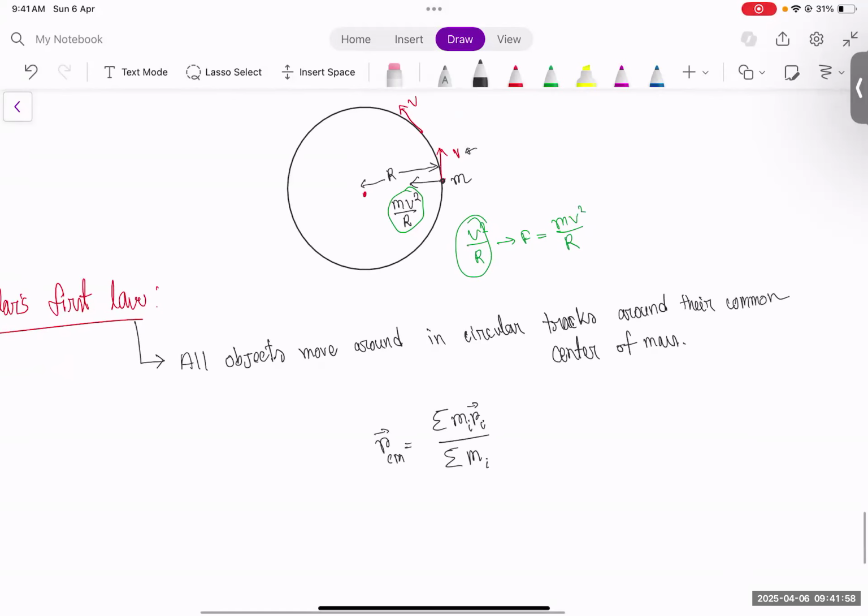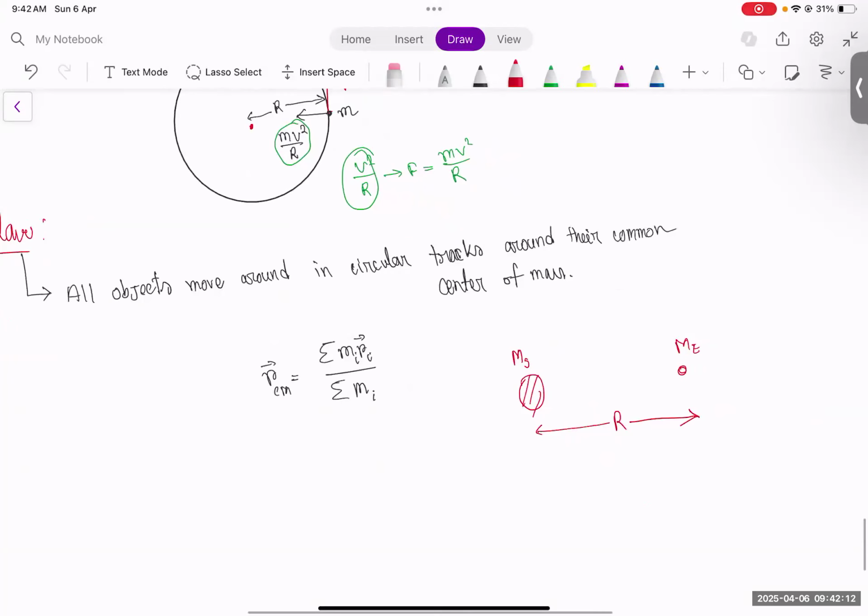So for example, let's say this is my sun, whose mass is ms. This is earth, whose mass is me. Let the distance between them be capital R. If I want to find the center of mass, first I have to establish a coordinate system. Let's take the sun's center to be our coordinate system center. Then I first have to evaluate the sum above.